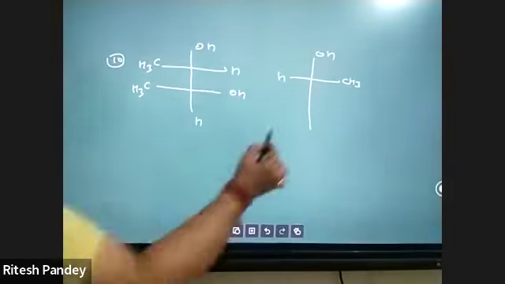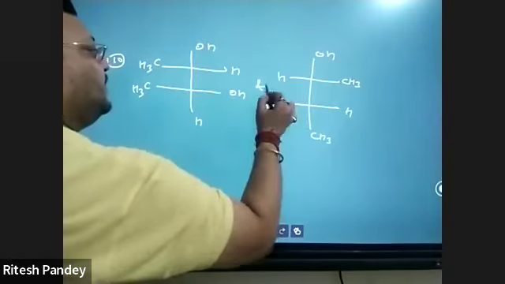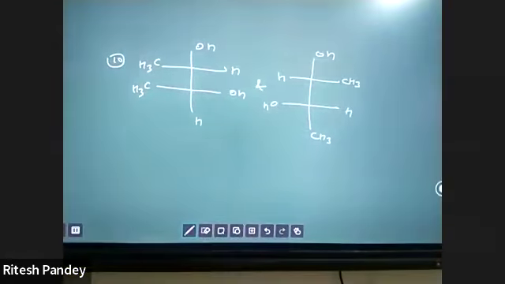So it's OHS methyl on both the carbon atoms. According to the answer here, the two are diastereomers.